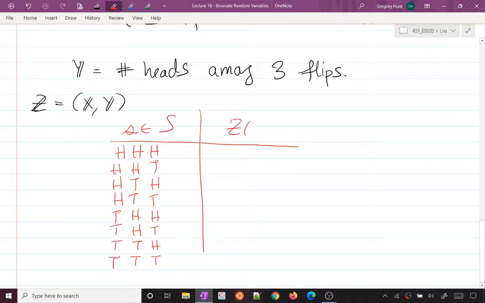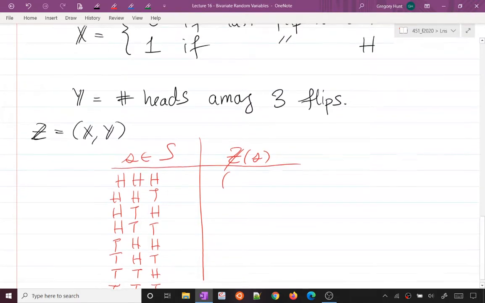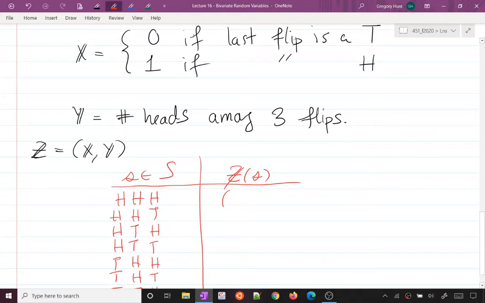And then I could look at Z of s, my bivariate random variable, which is now, instead of just a number, a pair of numbers. Remember, X is 0 if the last flip is tails and 1 if it's heads, and Y is just the count of the number of heads. For the first outcome, the count of heads is 3, so Y is 3, and the last one is a heads, so X is 1.